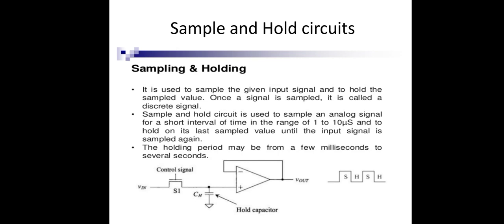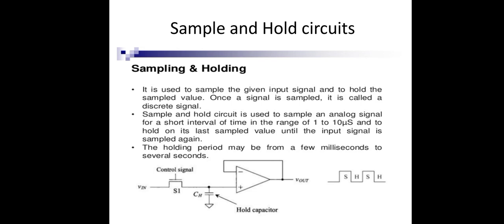We use sample for the input signal and hold for the sampled value. That means the signal is sampled, it is called a discrete signal. The sample and hold circuit samples the analog input for a short interval of time, in the range of 1 to 10 microseconds, and the hold keeps the last sampled value until the input signal is sampled again. The holding period may be a few milliseconds to several seconds.